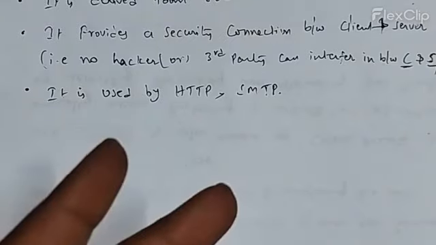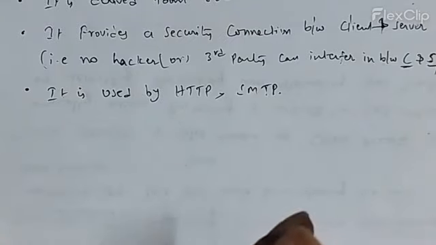It also ensures that messages are not altered. This can be done by a hashing algorithm like MD5 and SHA. RFC 2246 is similar to SSL version 3.